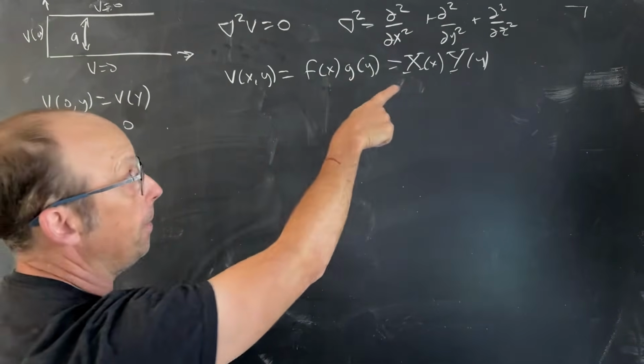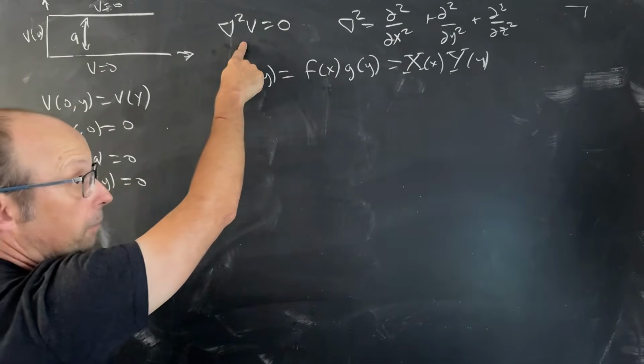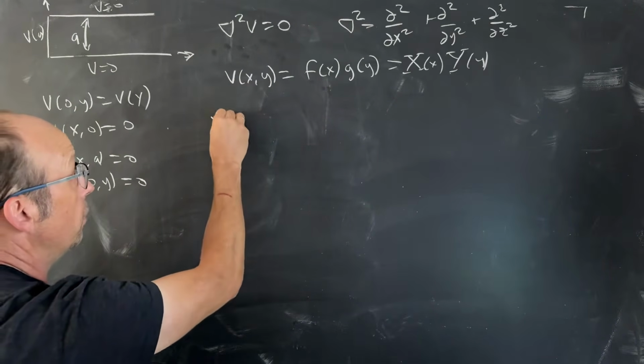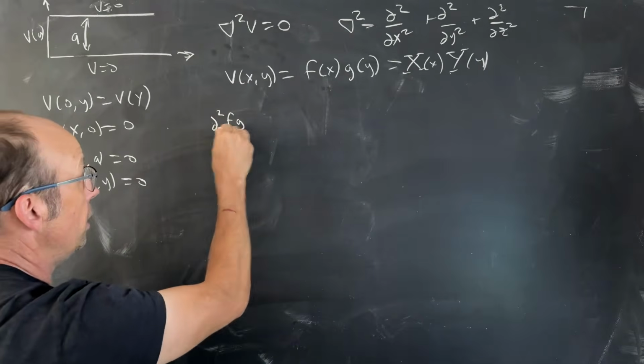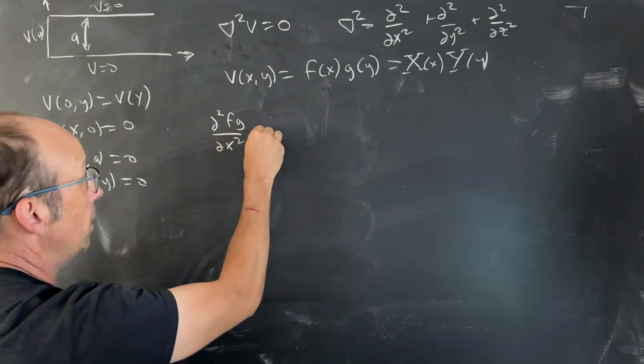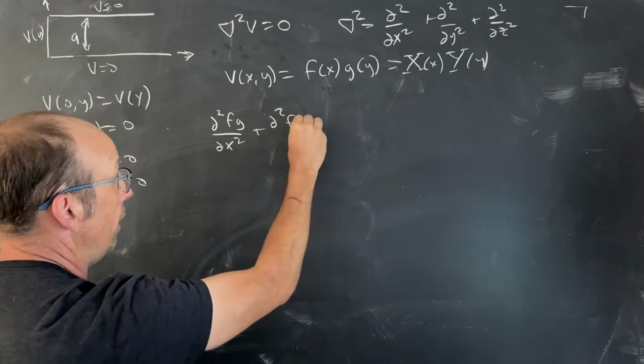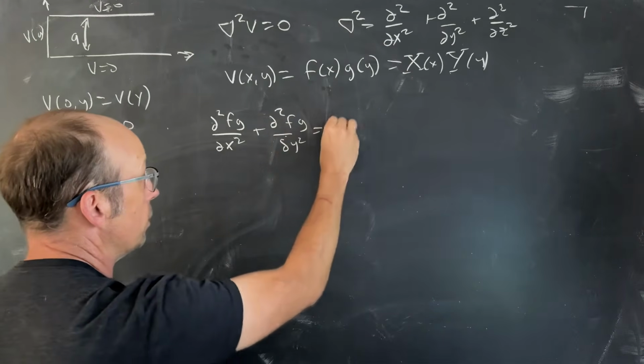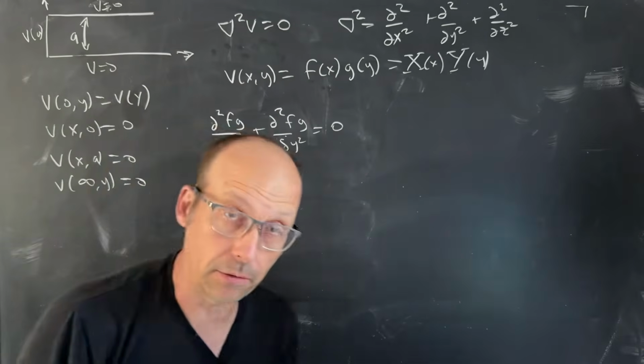So let's put our function, I'm going to just write it f and g, although they are of x and y, into the Laplacian in my Laplace equation up here. So I have the second partial of fg with respect to x plus the second partial of fg with respect to y is equal to 0. There's no z component. I dropped that out.